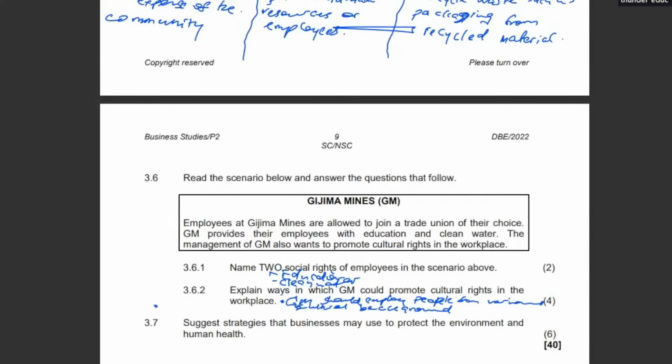And the second one, GM should allow employees to provide solutions to challenges from their own cultural perspective.